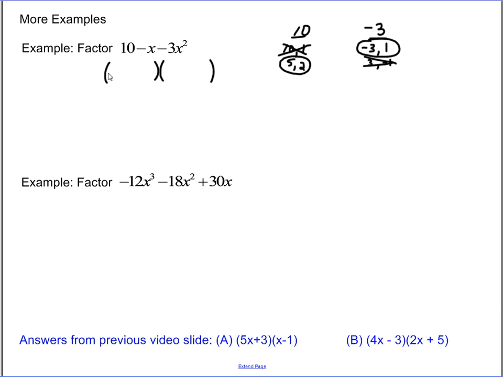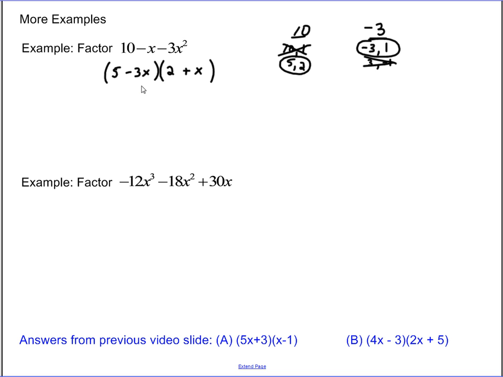So let's try it out. We're going to have 5 and 2 from our term 10. Right? So these are the first terms. Last terms, well, we need two factors containing x. We want to make sure that we're taking 5 times 1x. So let's make that plus 1x over here. And how about over here? 5 minus 3x. Now, does that work?